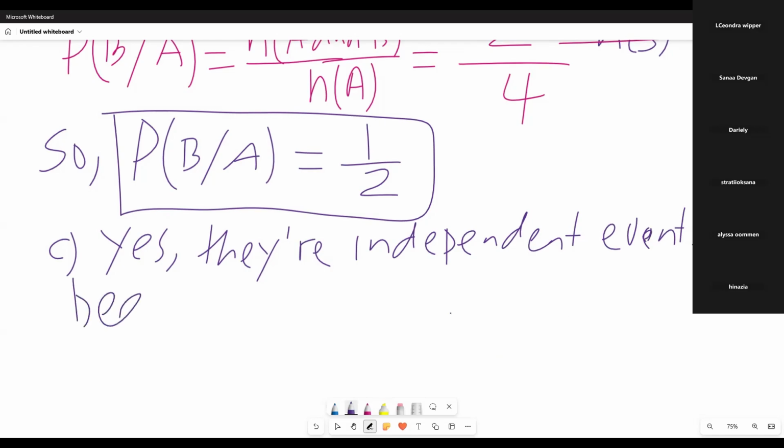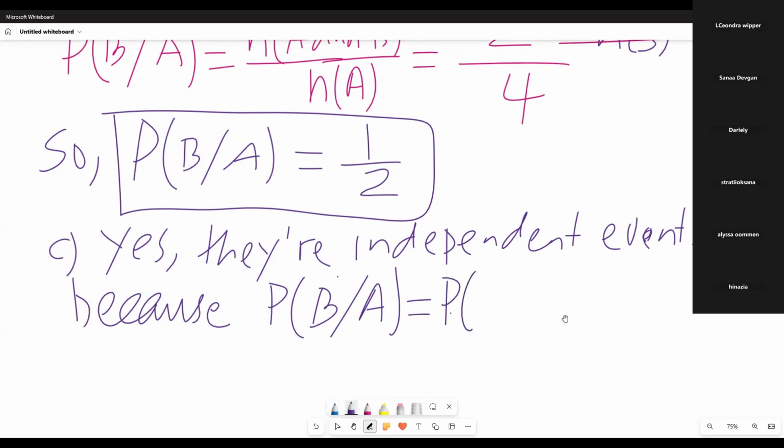Because the probability of B given A is equal to P of B, which is 1/2. So the two events are independent because the probability of B given A equals P of B.